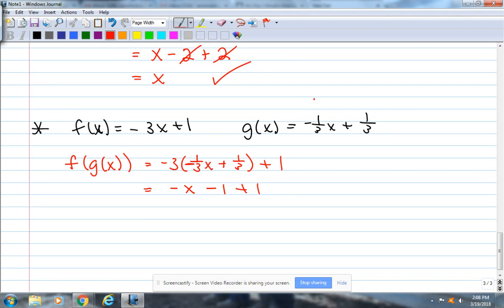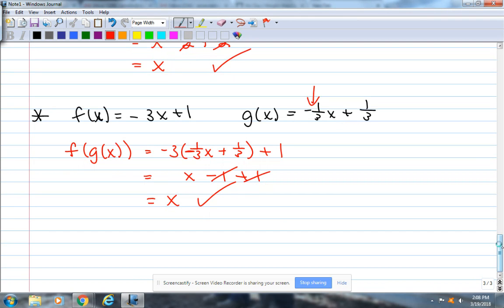Right. I didn't copy right. So that's a positive x. And then what happens with my 1? And do we get it to equal x? We good? So raise your hand if y'all got it to verify an equal x. If you didn't show me it equal an x mathematically, then you didn't do it. Okay? So you got to show it.